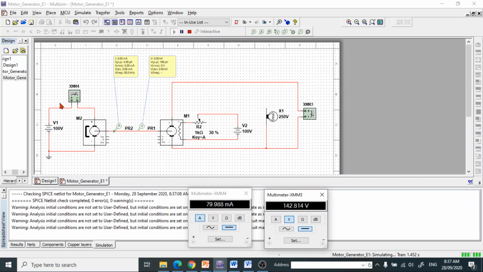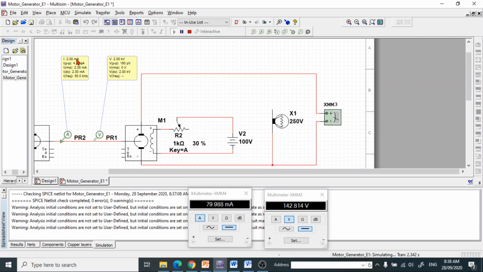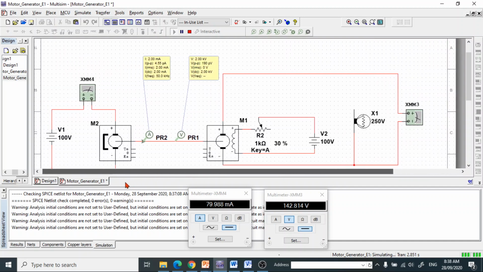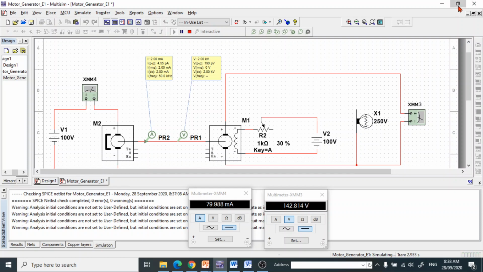The current drawn by the permanent magnet motor is 79.988, so we can make this 80 milliampere. The torque is 2.0 milli Newton meter, and the speed is 2.0 kilo radian per second.